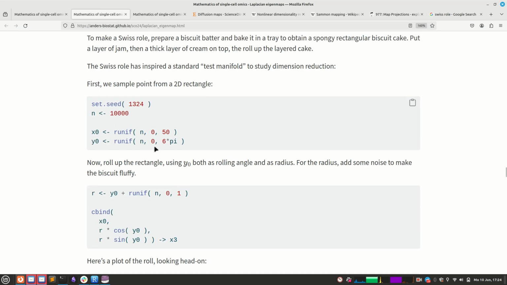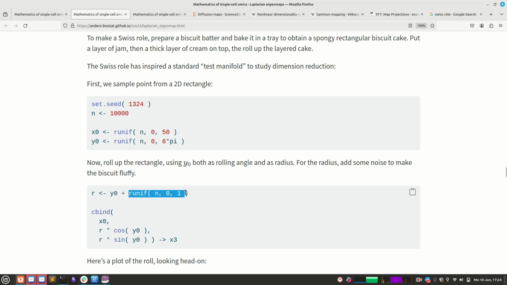You first start off by selecting points from a rectangle. Here I select x coordinates uniformly between 0 and 50, and y coordinates between 0 and 6 pi. This is my biscuit dough sheet. And then I roll up the y-axis by turning the y-axis into a radius.